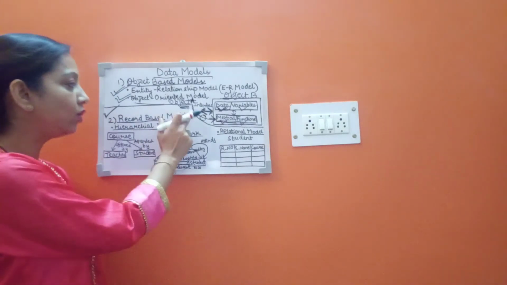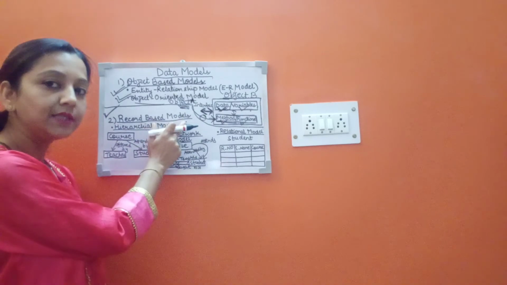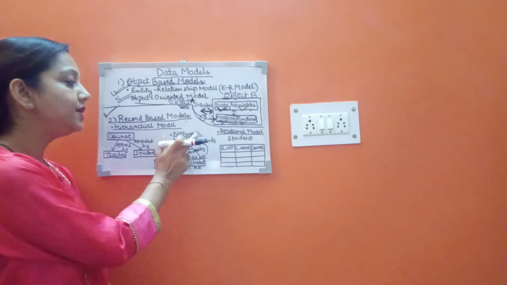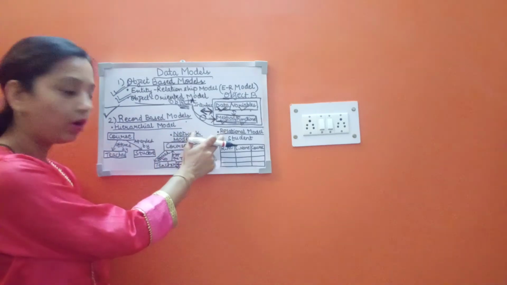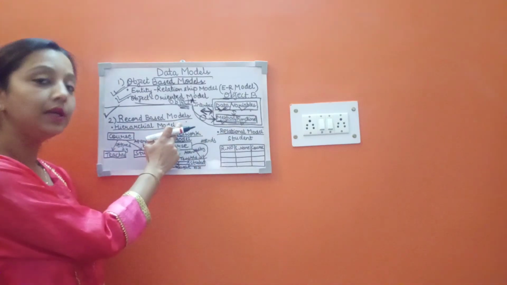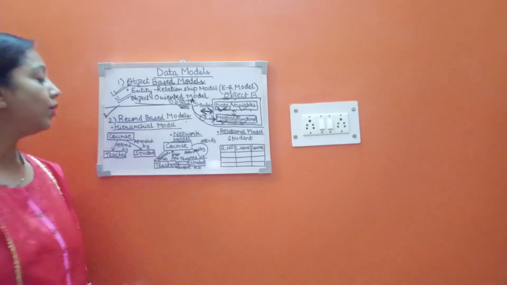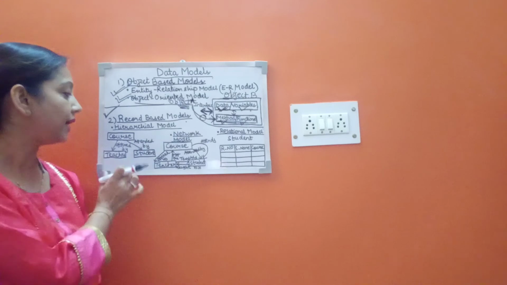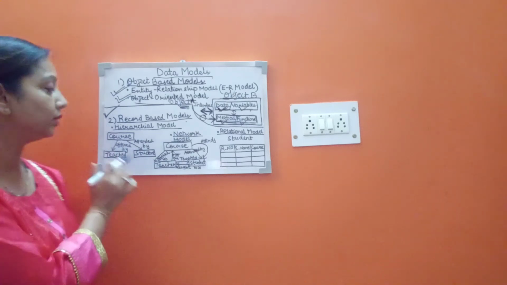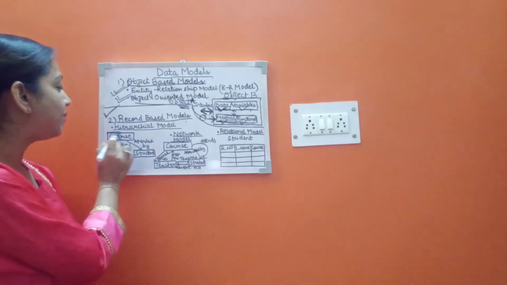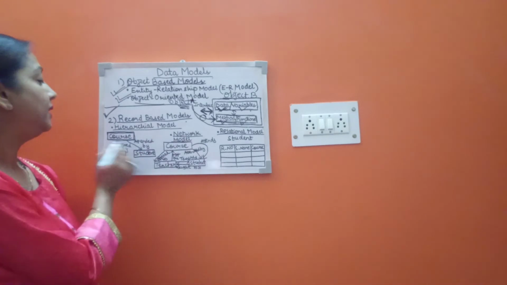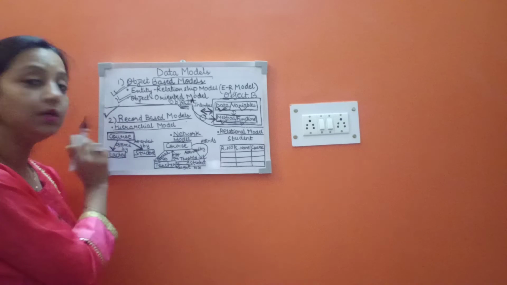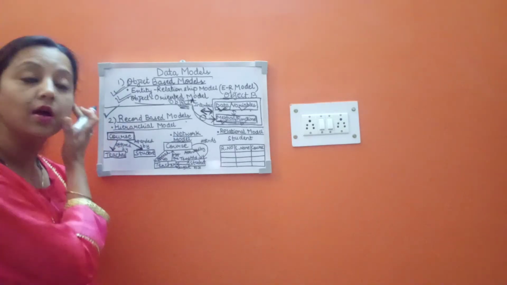Now, the hierarchical model follows a hierarchy. As the name suggests, it follows a hierarchy, a tree structure, wherein we will have one parent node and we can have one or more children nodes. This is a tree hierarchy.